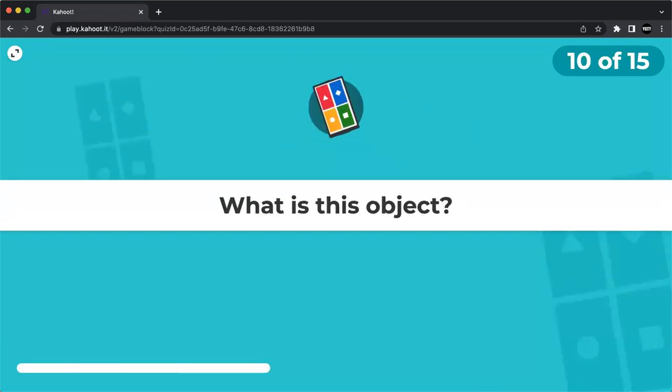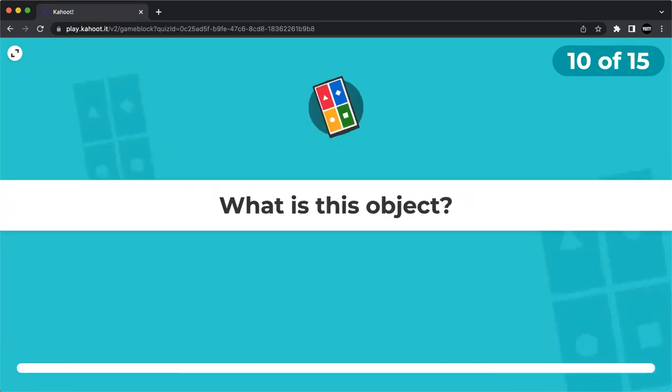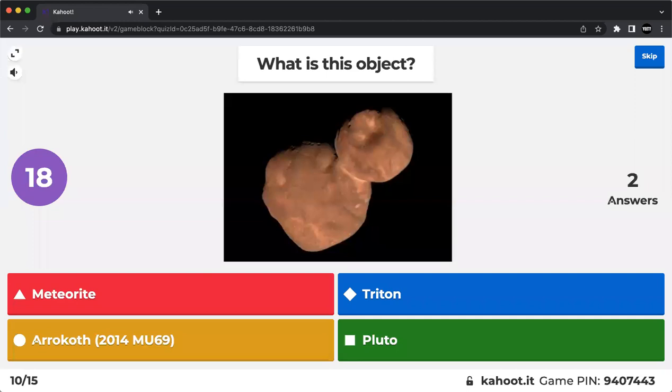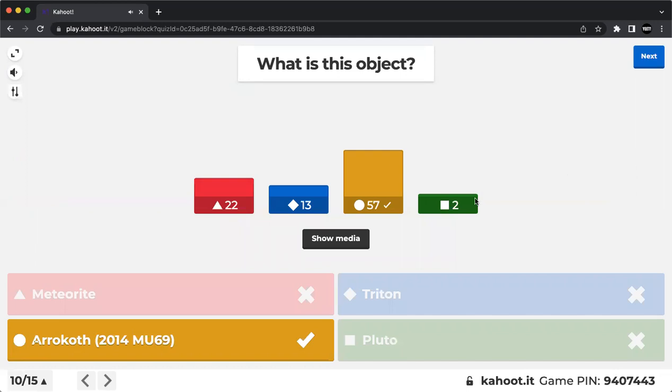Double points. What is this object? Yep, it's Arrokoth.